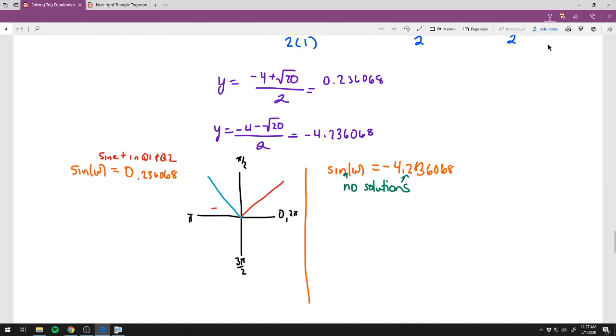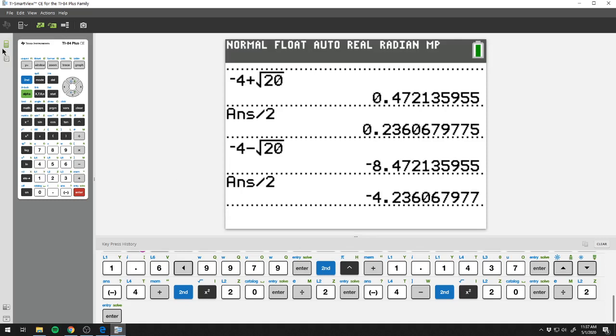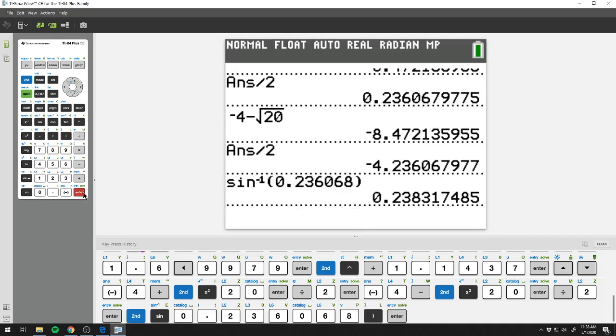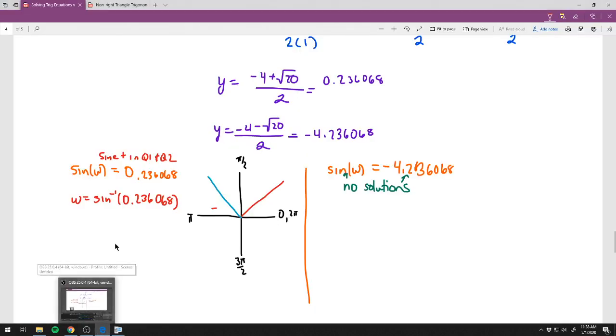And we solve by doing sine inverse of each side. We get w equals sine inverse of our decimal here. Sine inverse of 0.236068. We got 0.2383, which is our quadrant 1 angle.